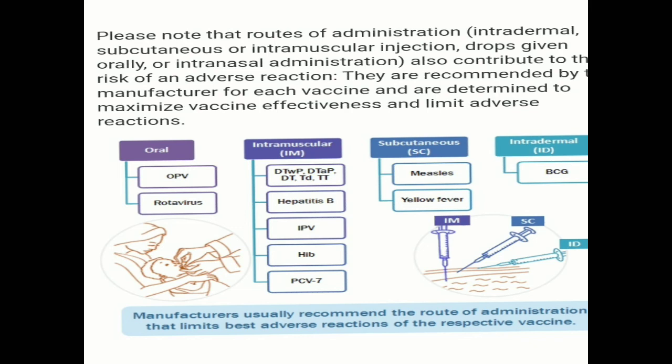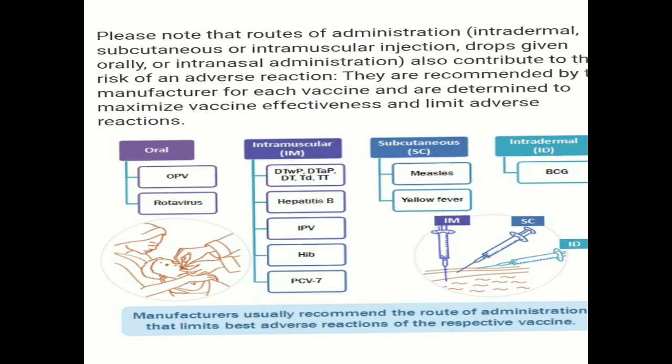The importance of the rubella component, as already told, in the MMR or MR vaccine is the prevention of congenital rubella syndrome. But after the rubella vaccine, pregnancy should be delayed, and the risk of rubella infection in the neonate should be explained to the mother. This is about the MMR vaccine.